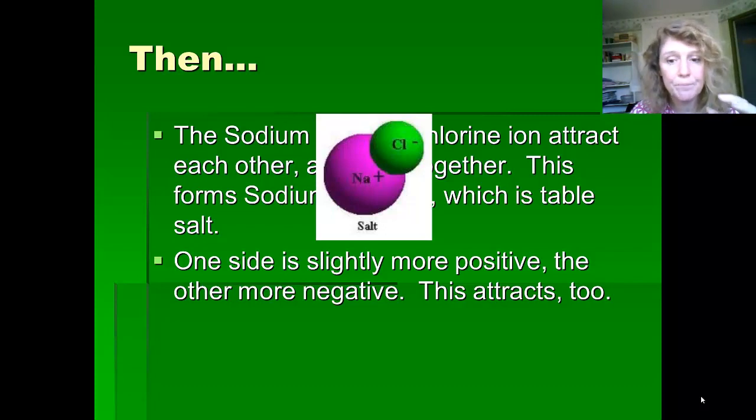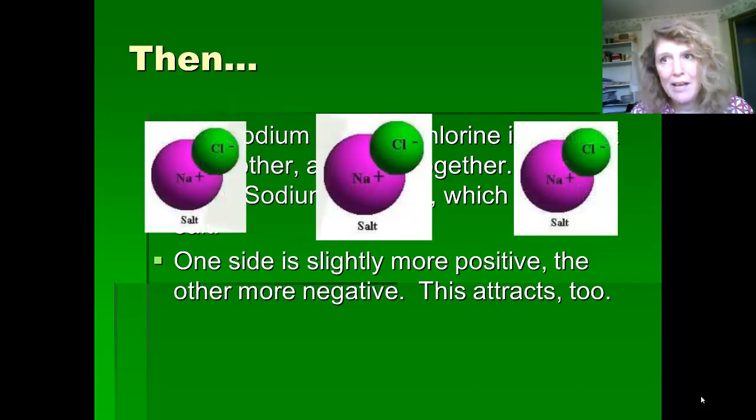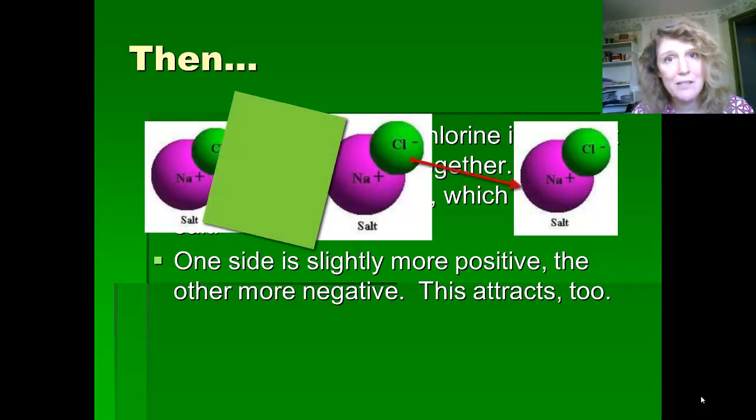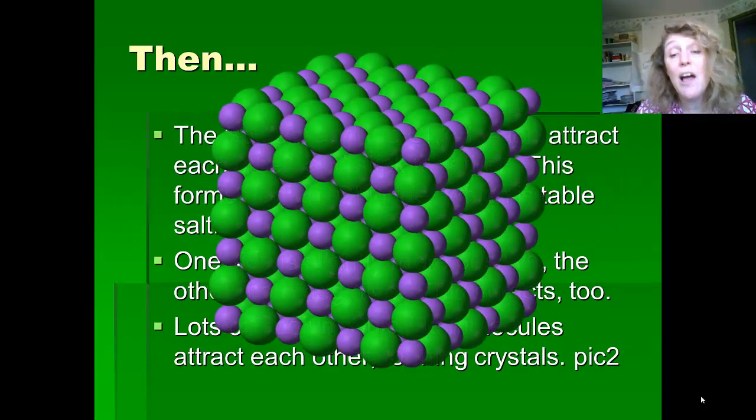Now, when you get a whole bunch of sodium chloride molecules together, the negative ends attach themselves to the positive ends, and so they line themselves up really nicely. So lots of sodium chloride molecules attract each other and they form crystals.